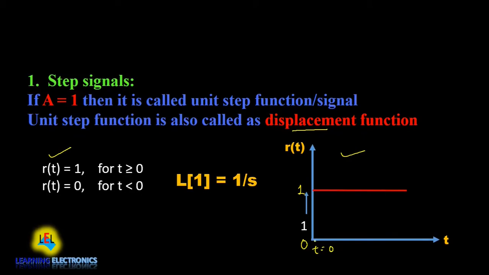But for values of time smaller than 0, this signal will not exist. Now the Laplace transform of 1 is 1 by s, this we know. So the Laplace transform of the unit step signal is also equal to 1 by s.